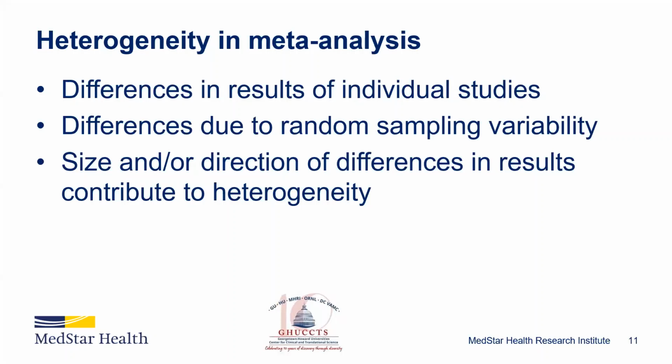And the issue is that that's not always the case. And so we're going to look at some studies and statistics to determine whether the differences are due just to chance, random sampling variability, or whether the differences are due to something else.